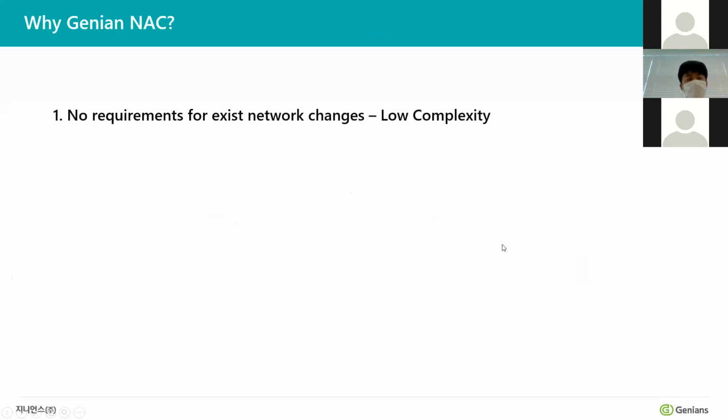So how is Genie NAC more beneficial than other NAC vendors? First of all, it requires no change of the existing network environment, which causes low complexity. For other vendors, it really matters, because in order to detect or control devices locally, they require integrating with the existing switching.